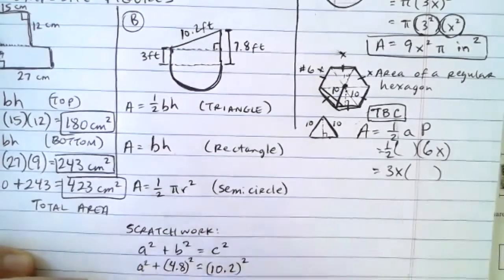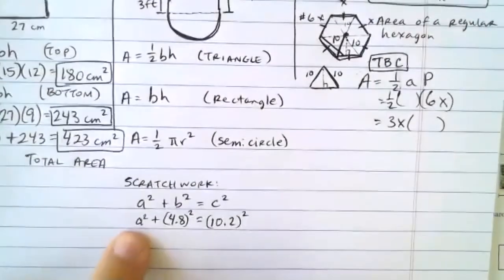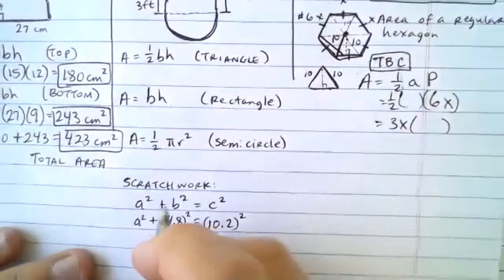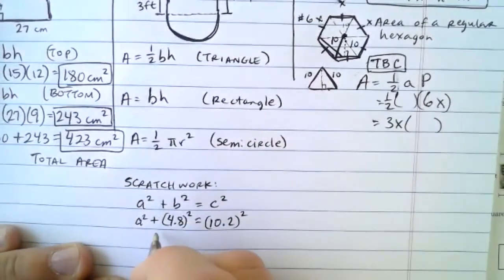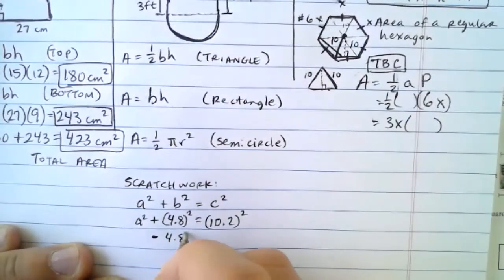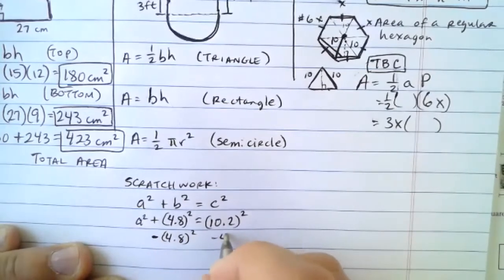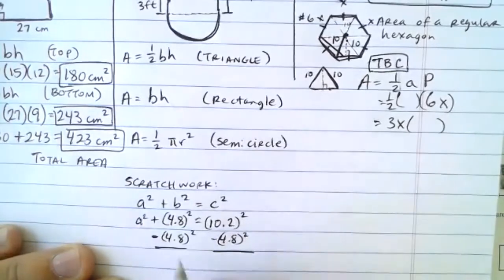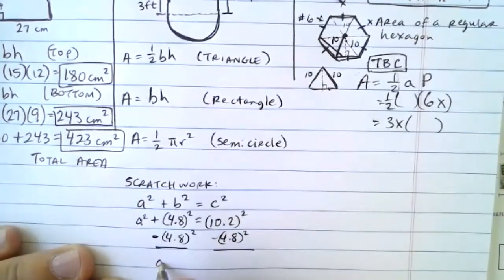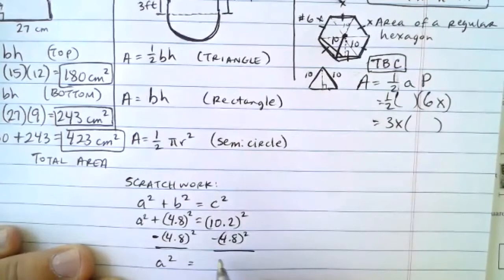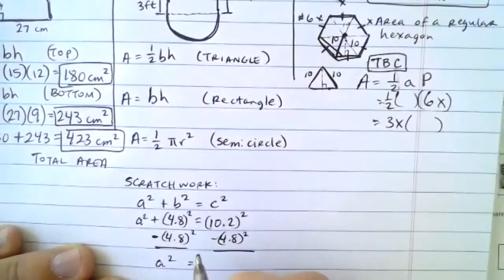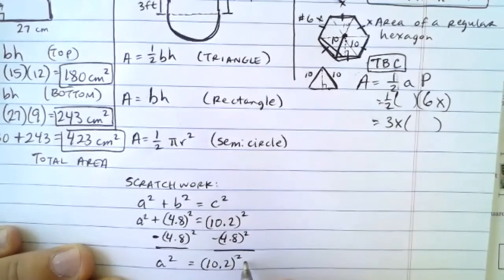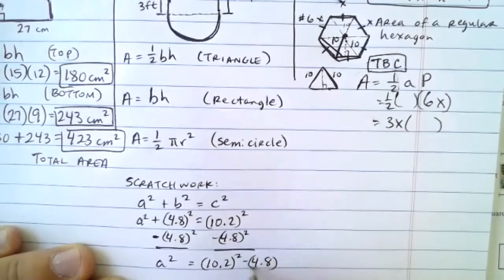And now all I have to do in order to find this other length is to solve for that length there. And if I subtract 4.8 squared from both sides, I can reduce this out and get a squared equals, let's see, 10.2 squared minus 4.8 squared.